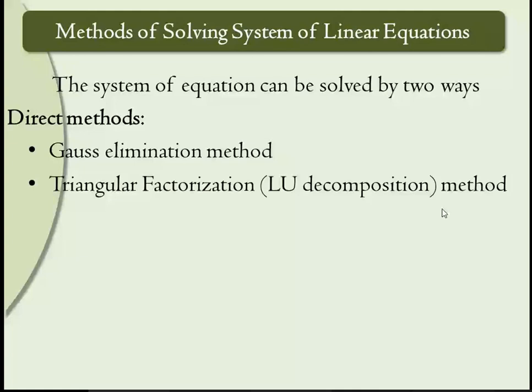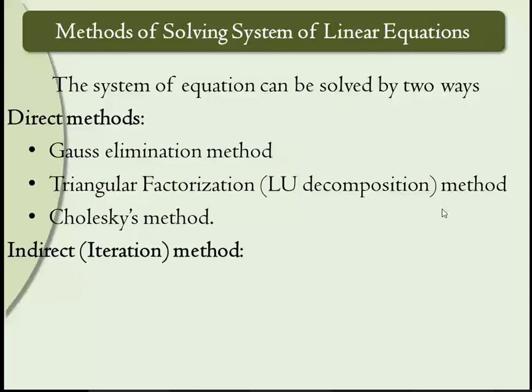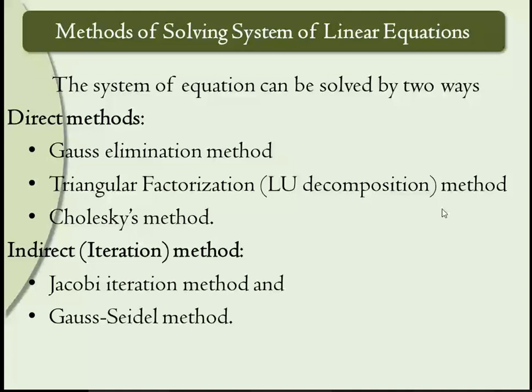Then we are going to see Cholesky's method, and the other type is the indirect method, also called the iteration method. In this we are going to see two methods, that is Jacobi iteration method and Gauss-Seidel method. So in this chapter we are going to see these 5 different methods.